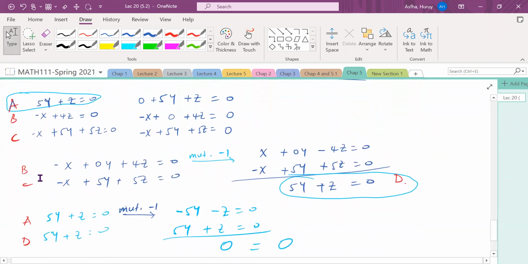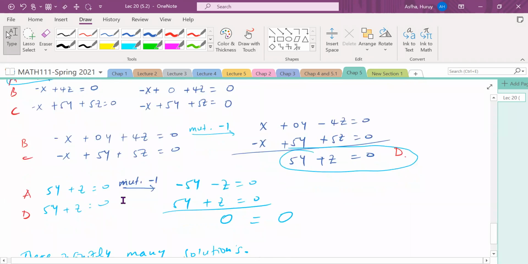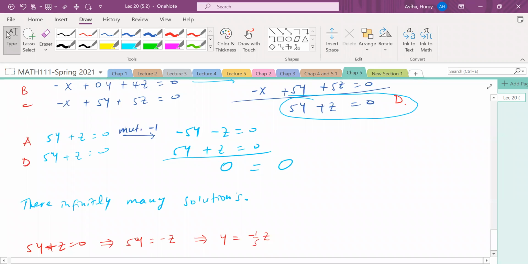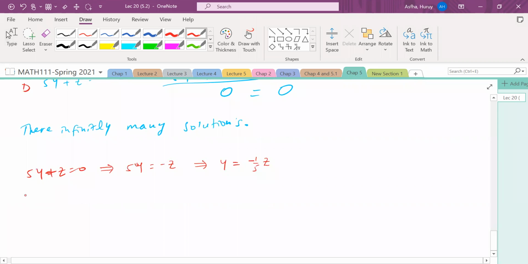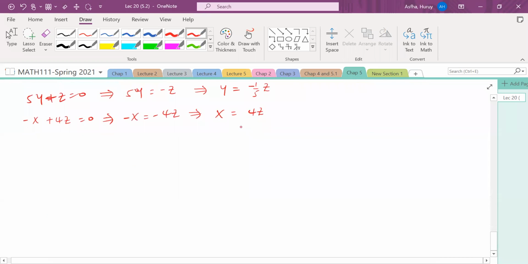And from the second equation, negative x plus 4z equals 0. Solving for x, negative x equals negative 4z, and multiplying both sides by negative 1, we get x equals 4z. Now the solution to this system can be written as a function of z.